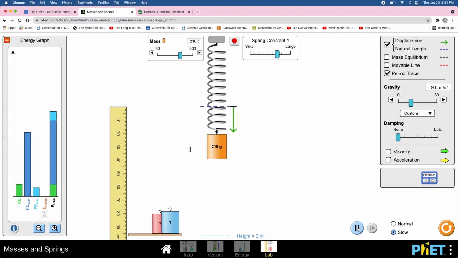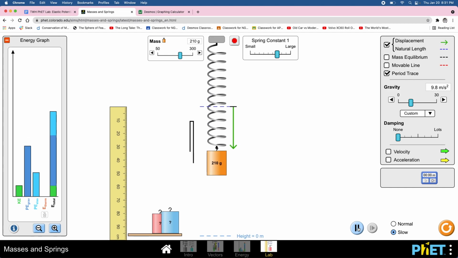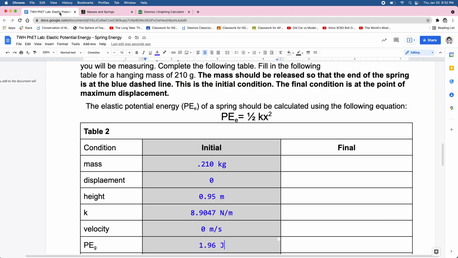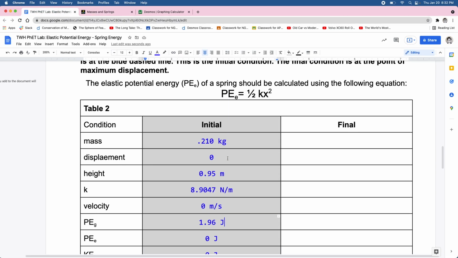So if I slowly progress this, this is my point of maximum displacement, where the middle bar is at its lowest point. So the middle of the center mass, that's its lowest. So I'm going to pause the simulation here, and I'm going to go to start collecting data.